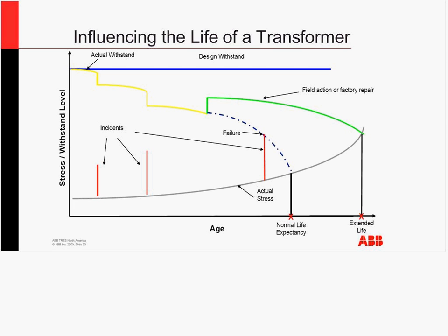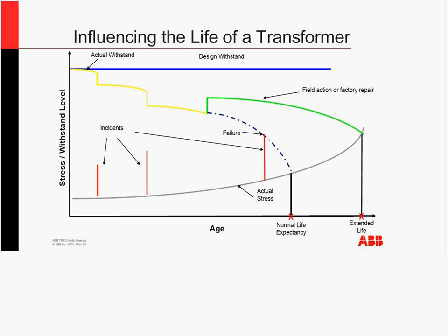And when it does, that's our normal end of life. That's our normal life expectancy, that many years. If an incident happens in the meanwhile that raises the level of stress this insulation sees, and you can see where the red vertical line intersects with this blue dashed curve, then you have premature failure.